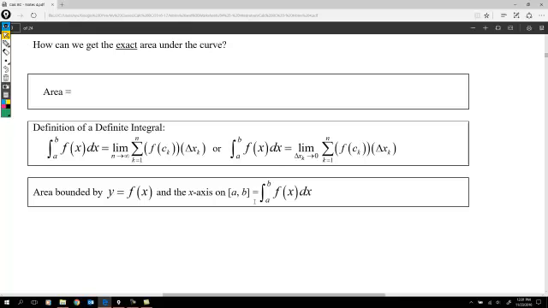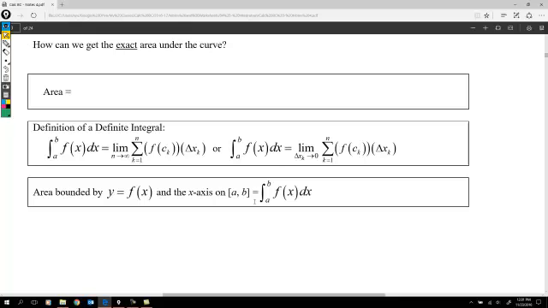Now let's talk about notation real quick. This squiggly here is an integral that's telling me to find the area from a to b. So I always go from bottom to top. A is my first bound, b is my second bound of my function. Dx tells me with respect to x. You can think about dx and delta x as very similar notation-wise. So dx tells me what I'm integrating with respect to.